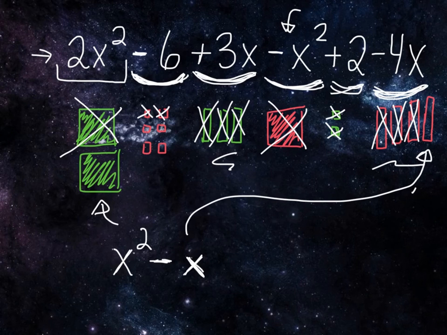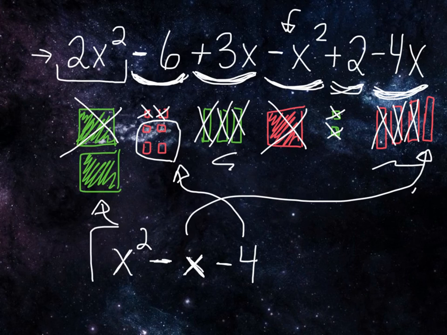And there we go. Last but not least, we've got our constants to look after. All that's left is these 4 red ones here. And since there's 4 of them, it's going to be a 4, and we are going to be subtracting them because we know that red means negative. So this would be our simplified expression.